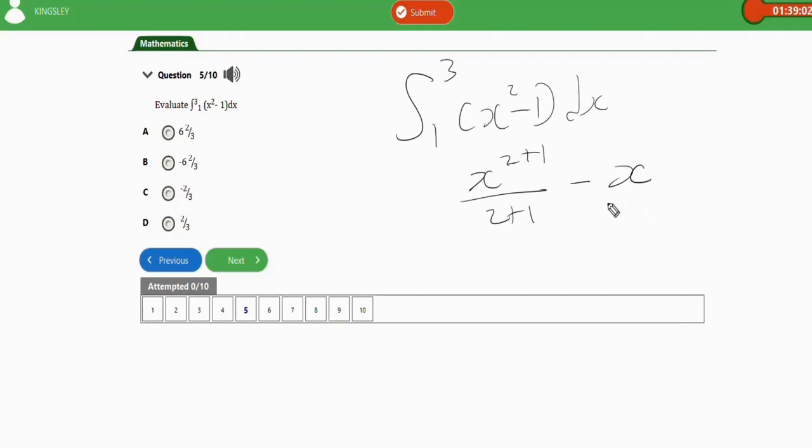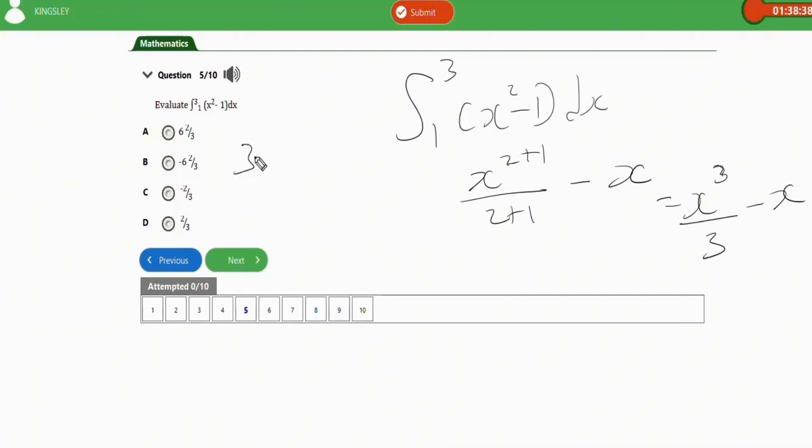So we have this minus x, which is the same thing as x cubed over 3 minus x. So let's now plug in the value of the upper limit to simplify. The upper limit is 3.